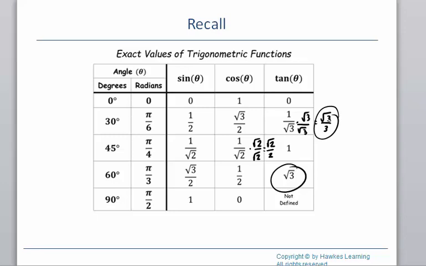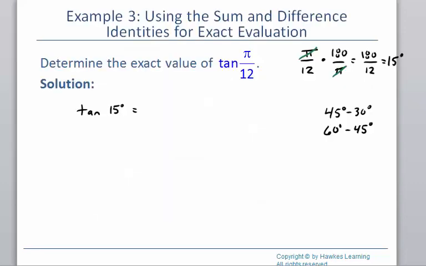So if I have a choice between using a 30-degree tangent value, which is a fraction, or using a 60-degree tangent value, which is not a fraction, I usually want to go with the one that is not a fraction. Now, either one will work, but using the fraction is going to mean that your simplifying is more involved. And so you may find that it is easier to use the 60 versus the 30 in your calculation.